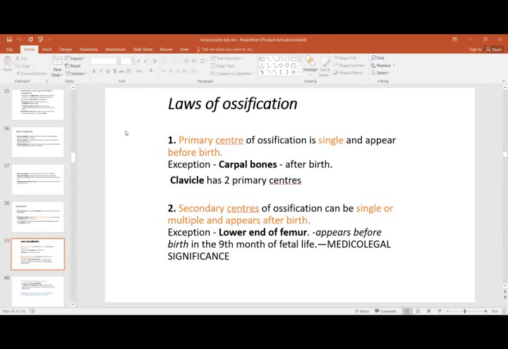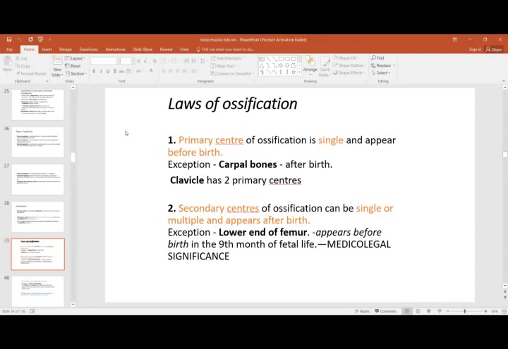This is a medico-legal significance point because this secondary center appears before birth. If the exact age of the baby is not known and a stillborn, a dead baby, is born, you can assess whether it was a premature baby or not a full-term baby.